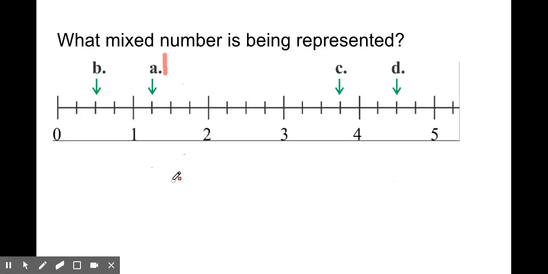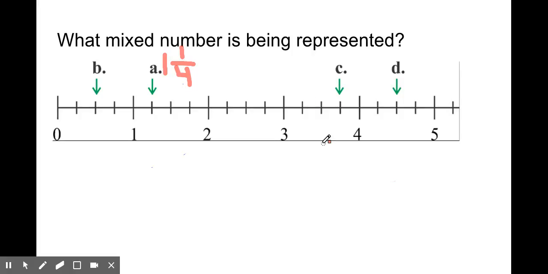So 1 whole, and then I'm going to see how many spaces are in 1 whole. 1, 2, 3, 4. So 4 spaces. And how many spaces after my whole? 1. So this A represents 1 whole and 1/4.